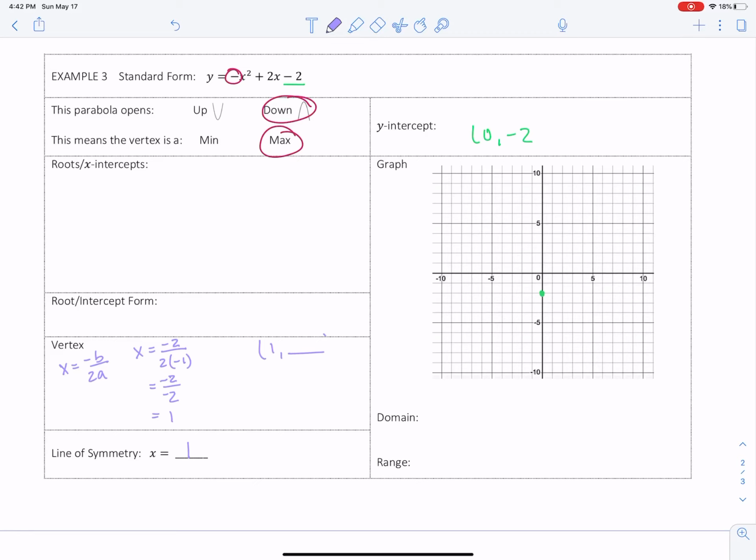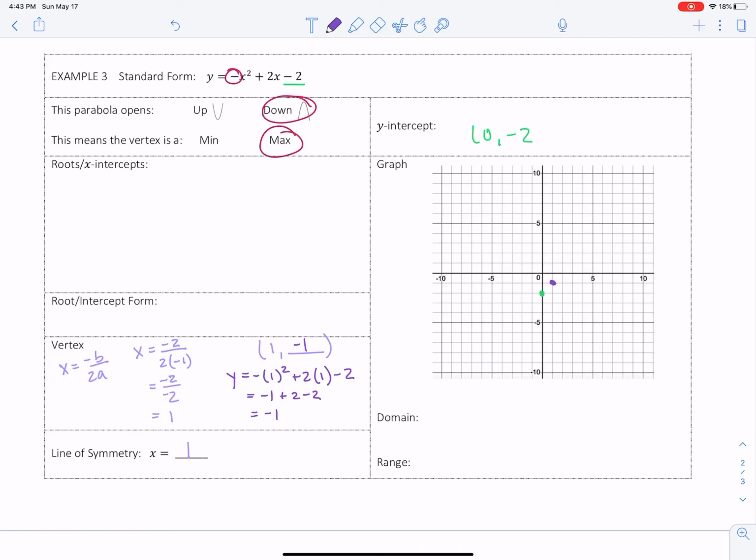My vertex is 1 something. Let's plug it in. So y is equal to negative 1 squared plus 2 times 1 minus 2. That gets us negative 1 plus 2 minus 2. That gets us to negative 1. So here is my vertex. Oops, I didn't plug it in here.